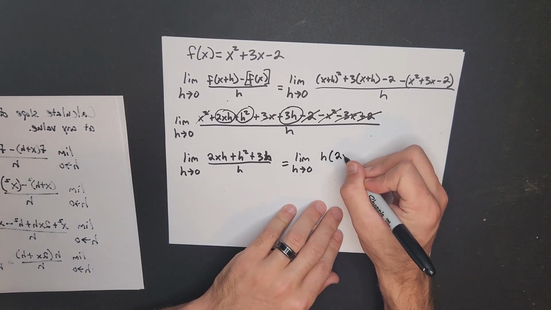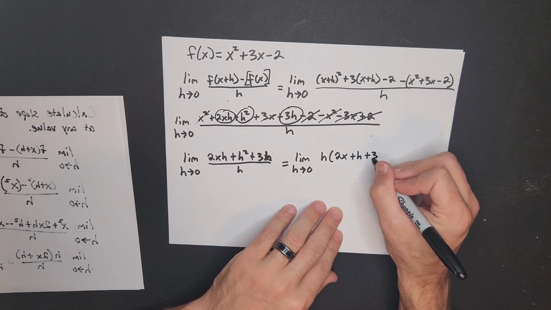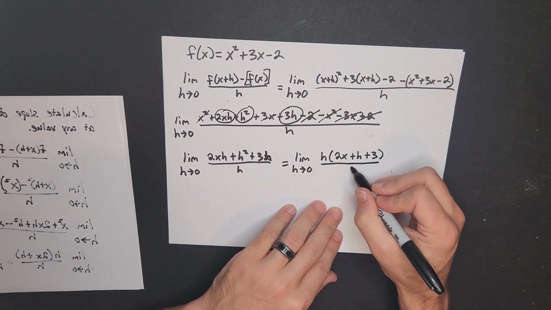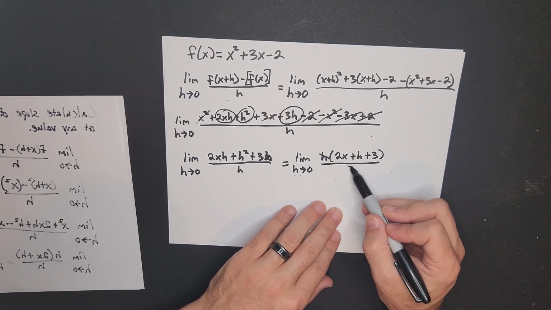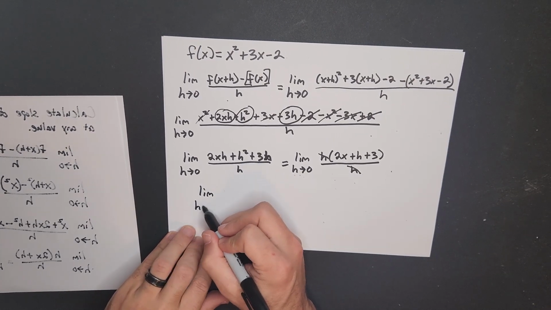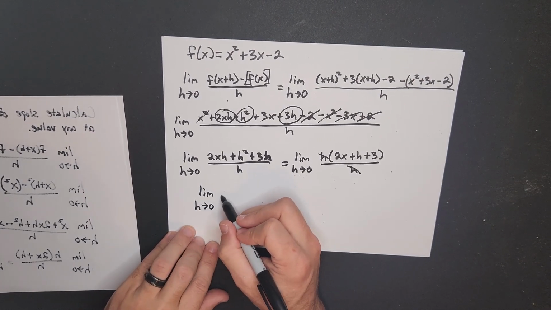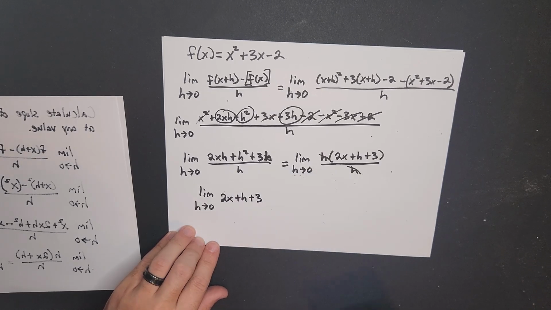H times 2x plus h plus 3, all divided by h. Similar to the previous problem, these two h's here cancel. The limit as h approaches 0 of 2x plus h plus 3.